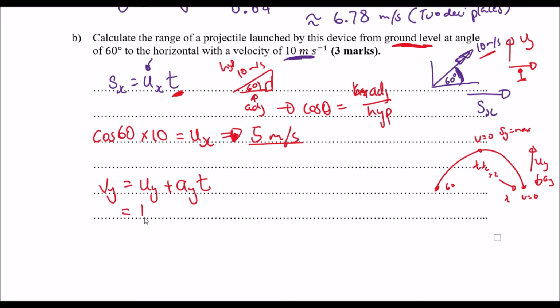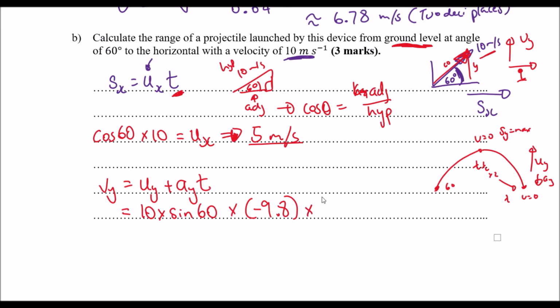So Uy is 10 times sine 60. As you can see from our triangle here, we have the hypotenuse of 10, and then we have the y component that we're trying to find. Ay will be minus 9.8 because it's going in the opposite direction in which the object is being launched.